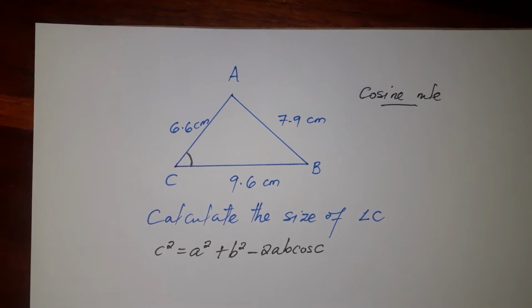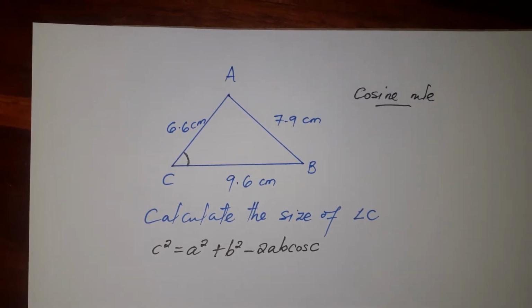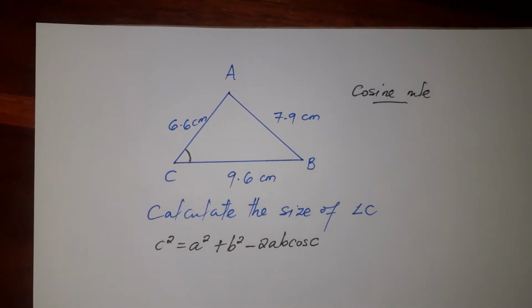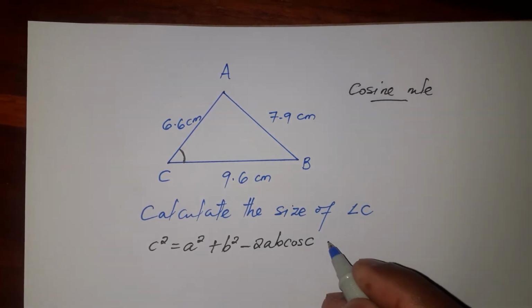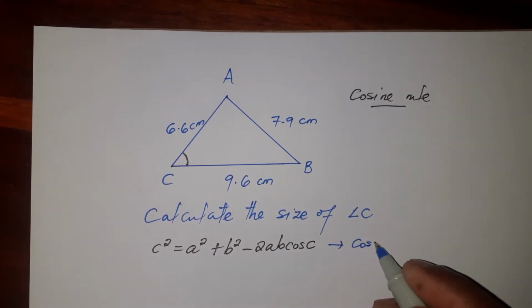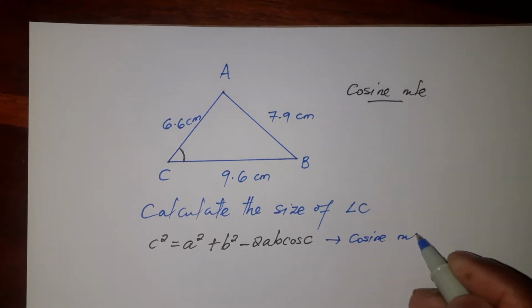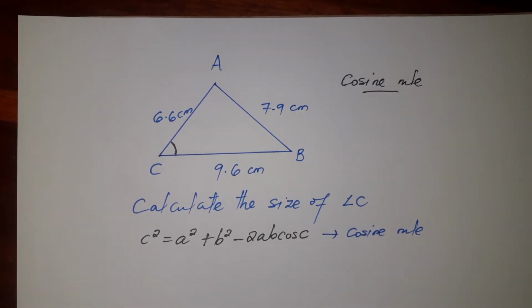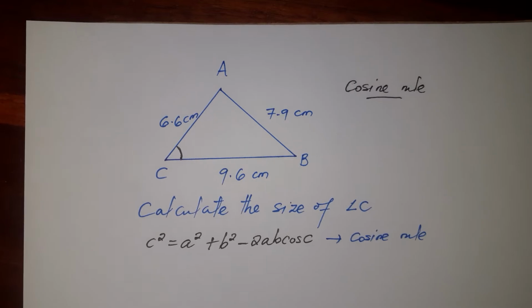It will not be given to you. You'll have to know it. That is what we refer to as the cosine rule. We don't need to prove that. We only need to use it.